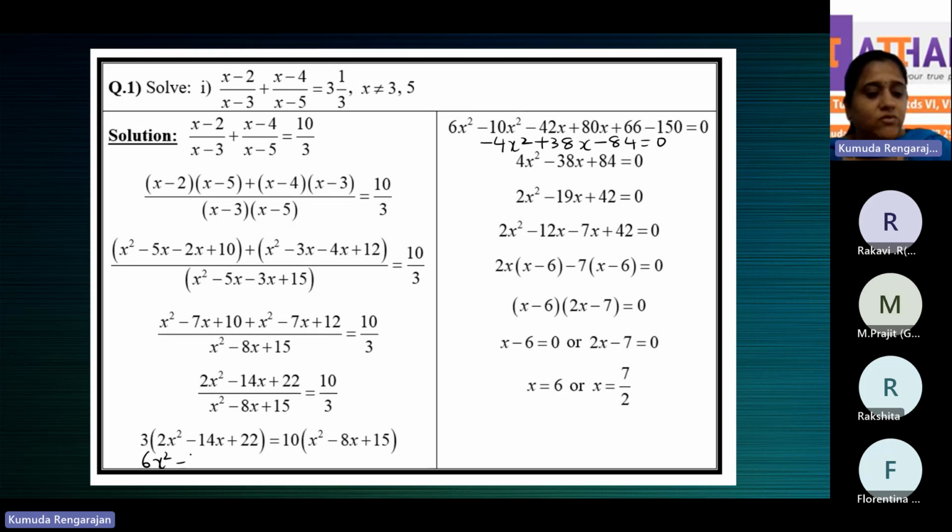So it'll be 6x squared minus 42x plus 66 is equal to 10x squared minus 80x plus 150, right? Now I've taken all these three terms to the left hand side. So then it becomes minus 10x squared plus 80x minus 150 is equal to 0. I'll include this step. I've skipped a few steps. That's why it's not clear when you look at it. So you multiply like this and then transpose.